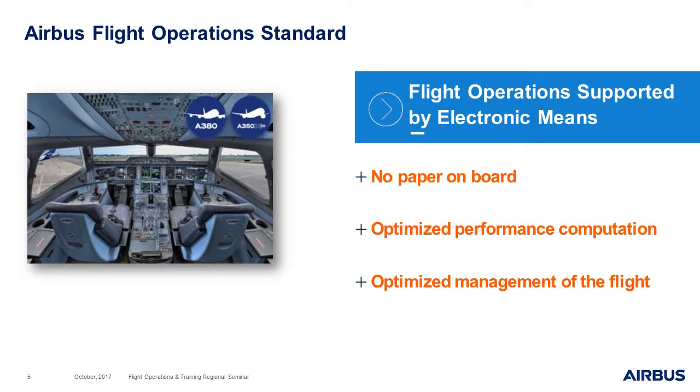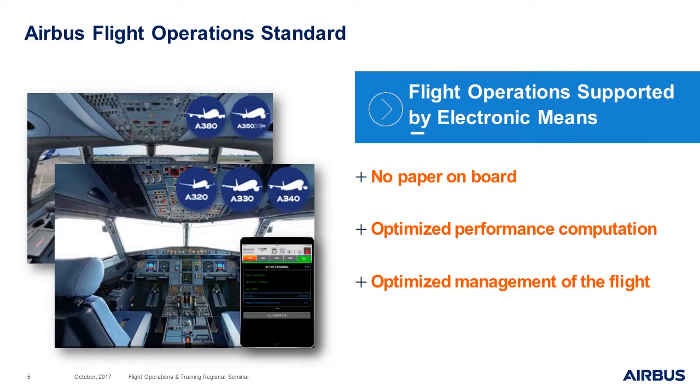In fact, on these aircraft, the checklists and procedures are managed in the ECAM. In addition, the performance data is computed in FlySmart with Airbus applications, as no more performance data is included in the operational documentation. The objective of this operation standard is to enable more efficient flight operations and enhanced management of the flight.